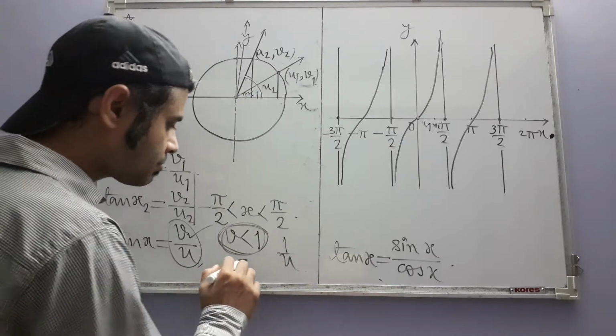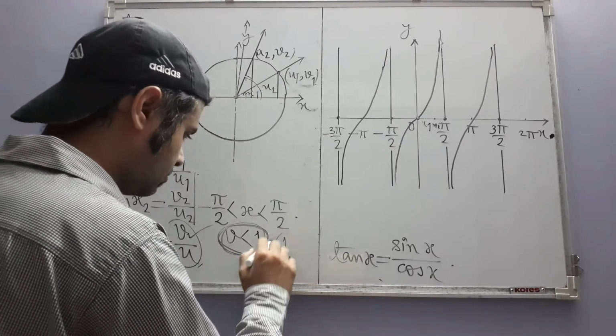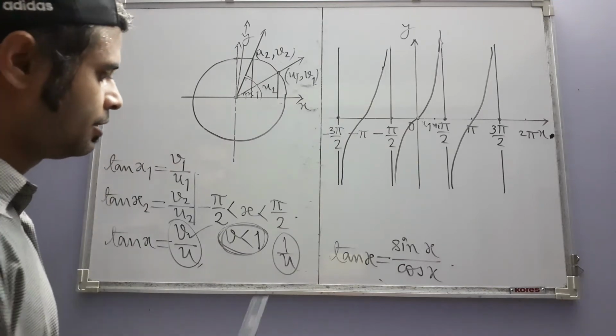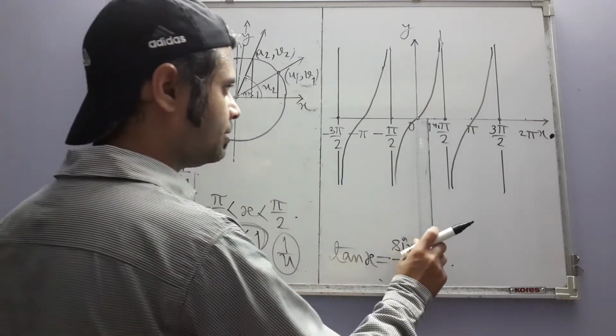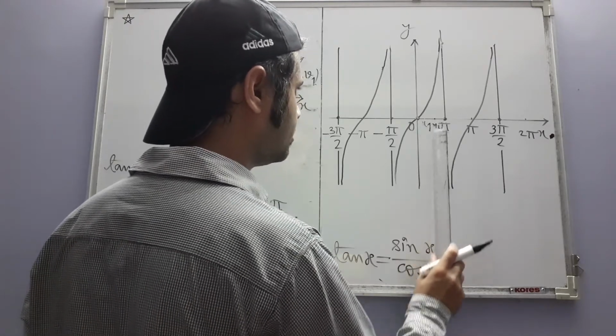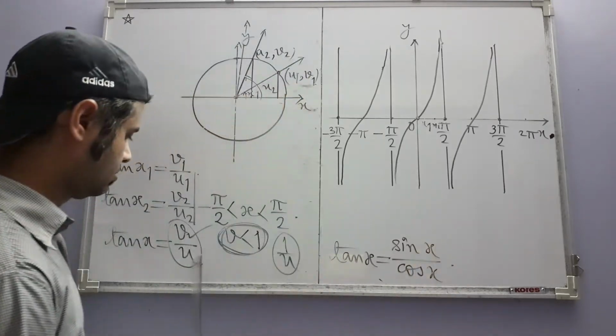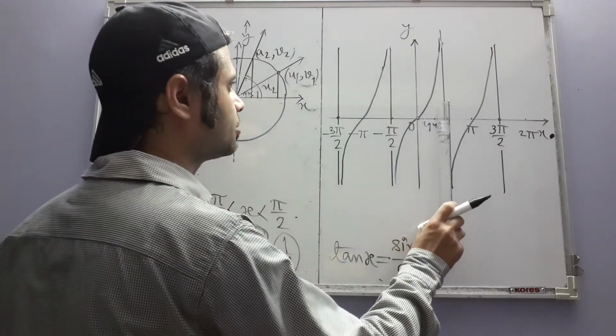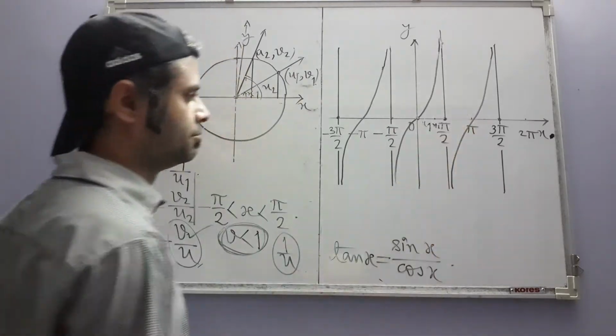So 1 over u increases without any bound, and that is why when your x reaches pi by 2 from this side, your quotient, which is in fact tan x, increases without any bound.